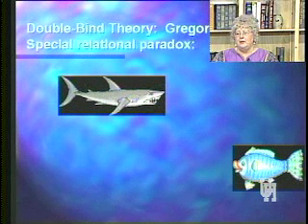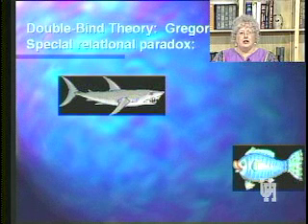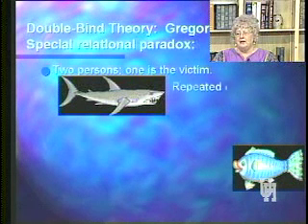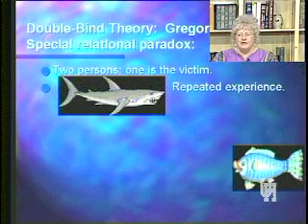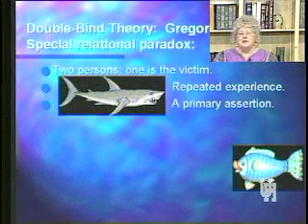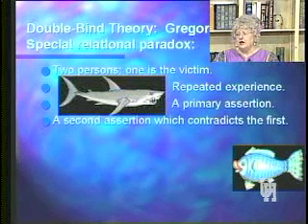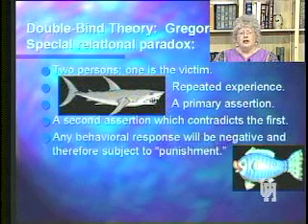And we get into this kind of relationship with other people in what Gregory Bateson calls a special relational paradox or double bind theory. You have two people. One's the victim, the shark, the poor little fish, the poor little person. There's some kind of an assertion, and then there's a contradictory assertion.